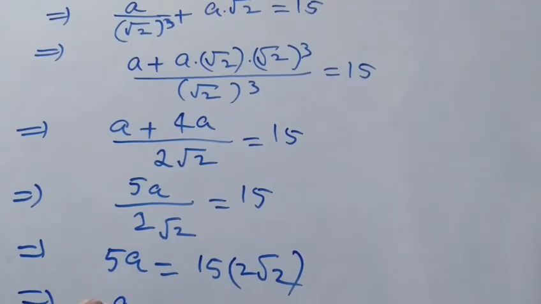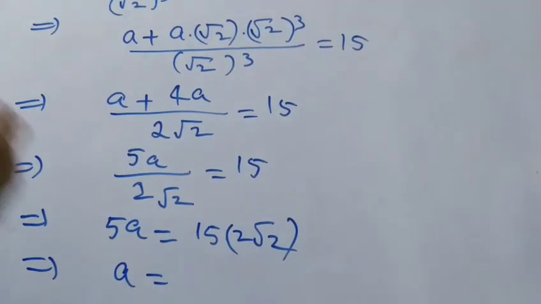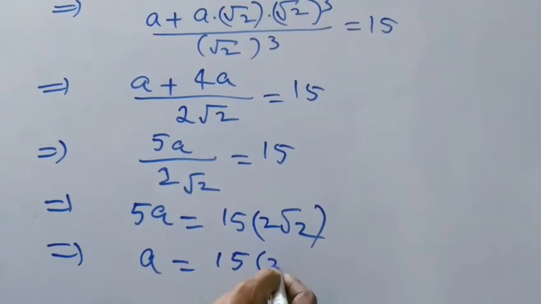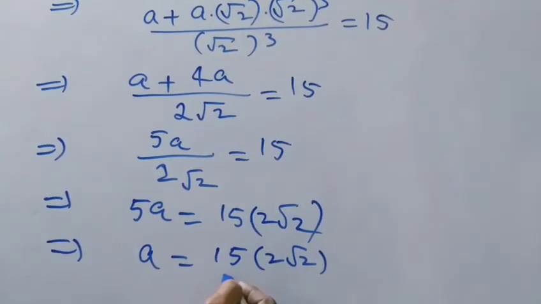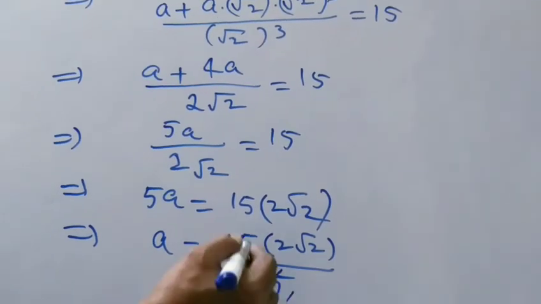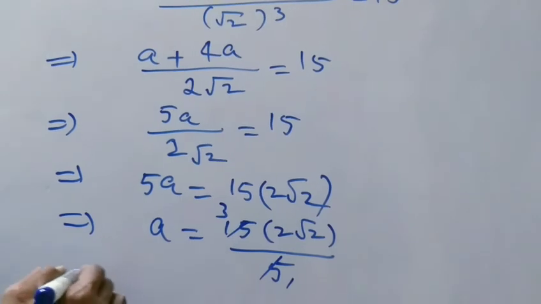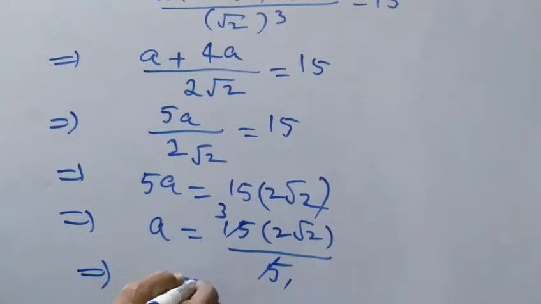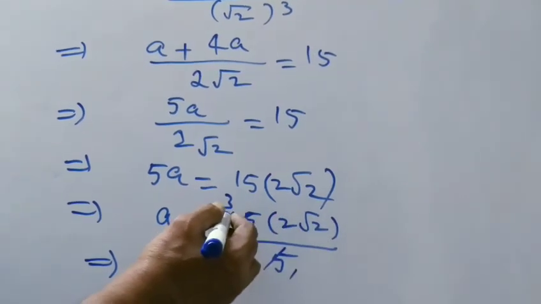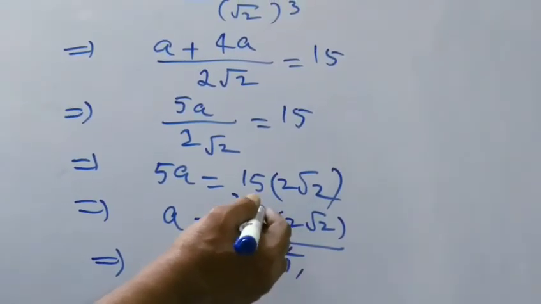So now a is equal to 15 into 2 root 2 divided by 5. 5 threes are 15. Which implies a is equal to 3 into 2 root 2, so 3 into 2 is 6, 6 root 2.